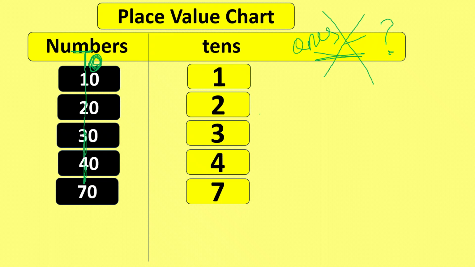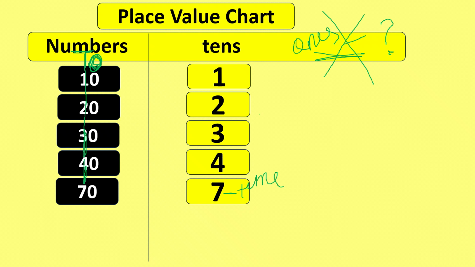So how does 7 tens make 70? If we add 10, 7 times, okay. It's 7 times. If you want Dana, remember it like that, bacha.